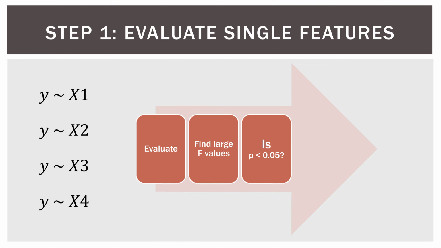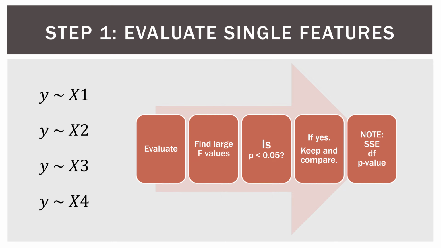Because our stopping rule is a p-value of less than 0.05, we ask, okay, that's a large F value, but does it meet our stopping rule of 0.05? If yes, we keep it in the model and then look at everything again. We note our SSE, our sum of squares due to error that we're trying to reduce, and our degrees of freedom. As we add variables to the model, our model degrees of freedom go up by 1, our error degrees of freedom go down by 1, and we look at the p-value.